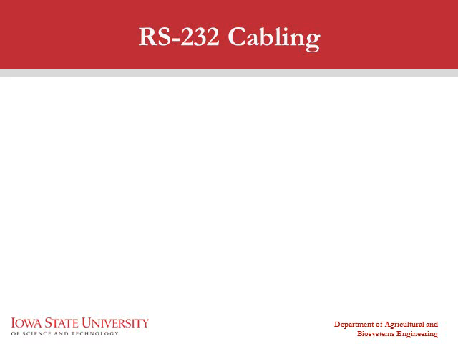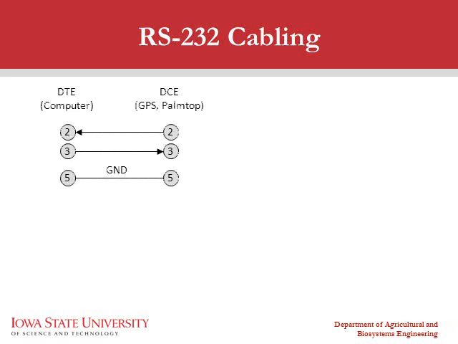So a little more detail about this cabling. On one side of the device will be a computer or a GPS display. On the other side we have the GPS receiver itself. There are 3 pins that connect these two devices. There's a ground, a transmit, and a receive. But notice that on one side, the GPS transmit, pin 2, has to connect to the computer receive, pin 2.